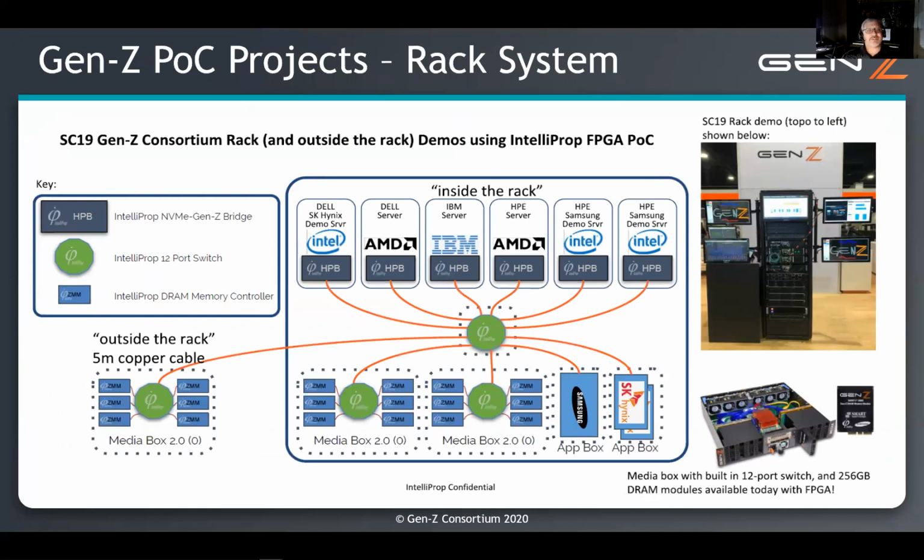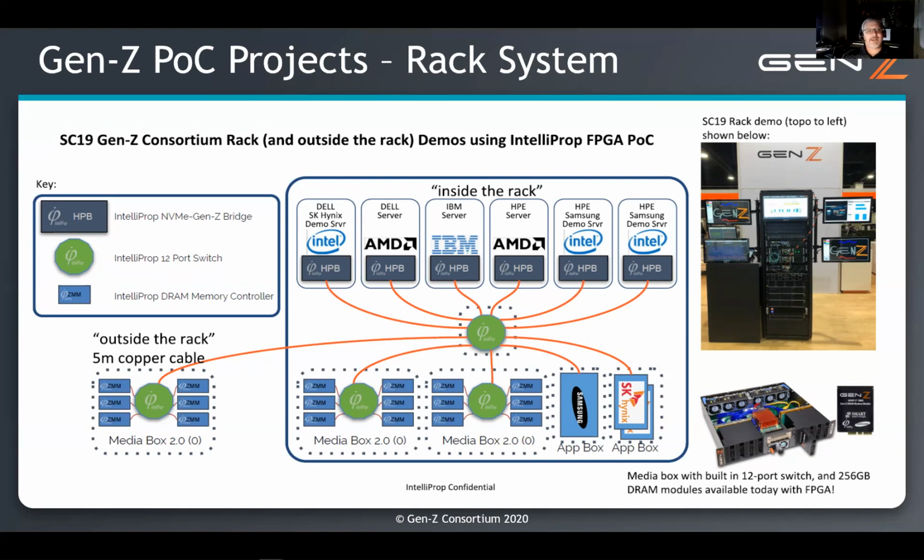Last year, about this same time, we showed the ability to take servers with AMD, Intel, and IBM processors from companies like Dell, HPE, and IBM, and put them into our Gen Z fabric, going through a switch, and then going out to media boxes. I'll get to the media boxes in just a minute, but it suffices to say these boxes are where we can put large amounts of memory and still allocate it to the different servers.